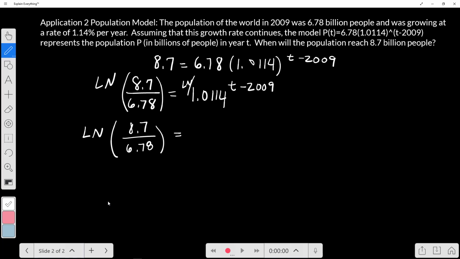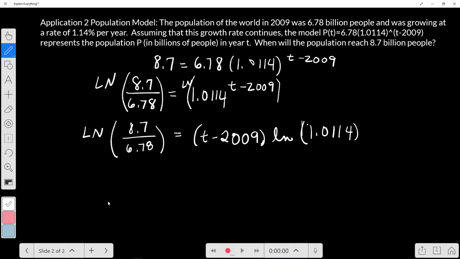Remember, when I ln the side on the right, it brings down my exponent: t minus 2009 times ln of 1.0114. And so here I see, what am I going to do with all this business?